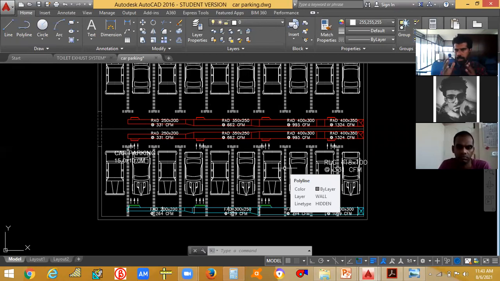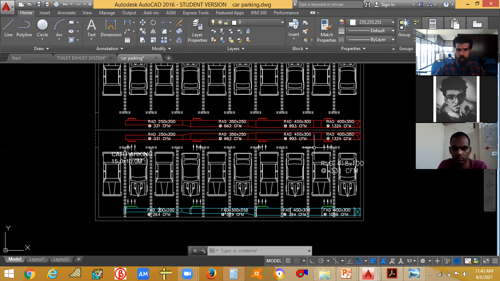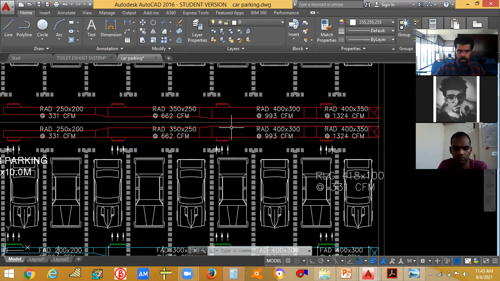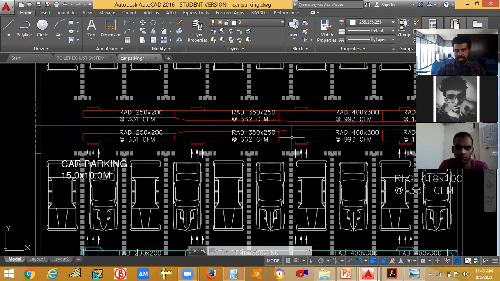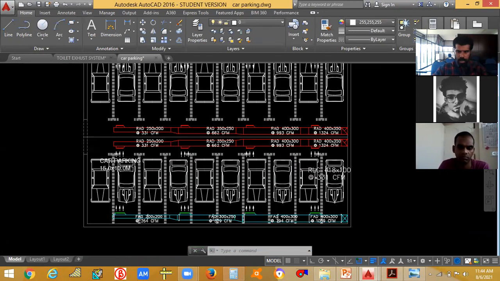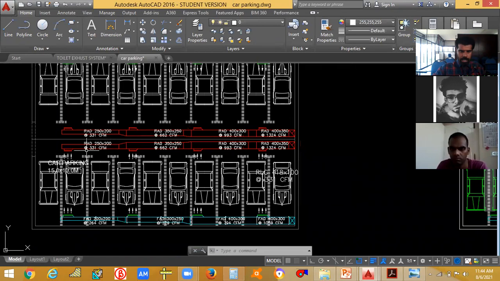So according to that I will be dividing it. I can divide into 4 equal parts or 5 equal parts or 6 equal parts according to my wish. So here I have divided into 4 equal parts: 1, 2, 3 and 4. This length of the duct you can change according to your need, okay? And you can divide it into 4 equal parts, taking the dimension of this length.